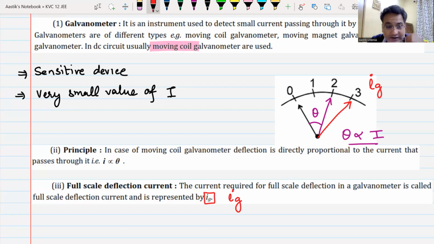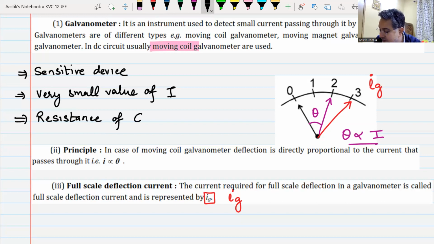Now, every galvanometer has got a coil, and that coil has a resistance. So the resistance of the coil of the galvanometer is known as the resistance of the galvanometer. Every galvanometer has a resistance.